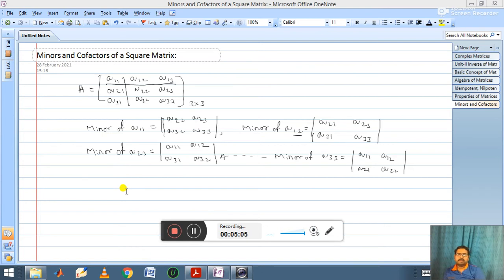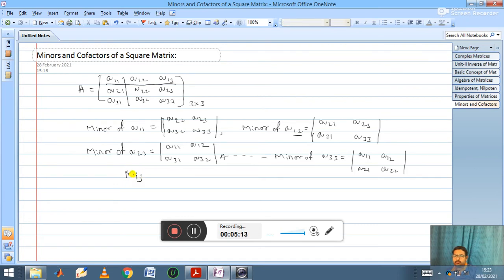Usually the minor is denoted by capital M-I-J. Capital M-I-J is the general notation to represent the minor. We already wrote the minor of A11, which you can write as M11. It represents the minor of the first row first column element.